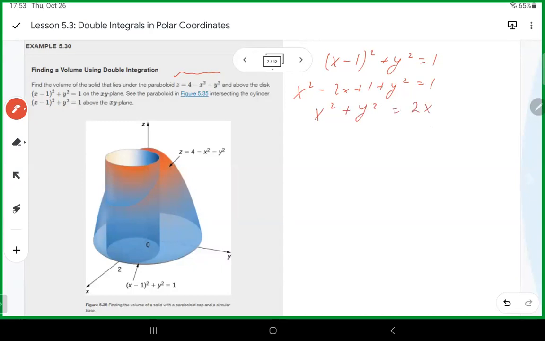So if we convert that to polar coordinates, you're going to end up with r squared equals 2r cosine theta. And then from there, you're either going to have r equal to 0 or r equal to 2 cosine theta, sorry.